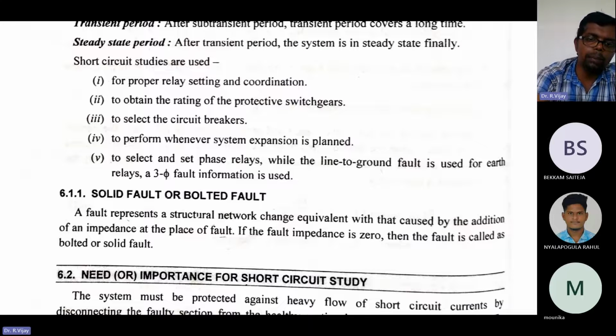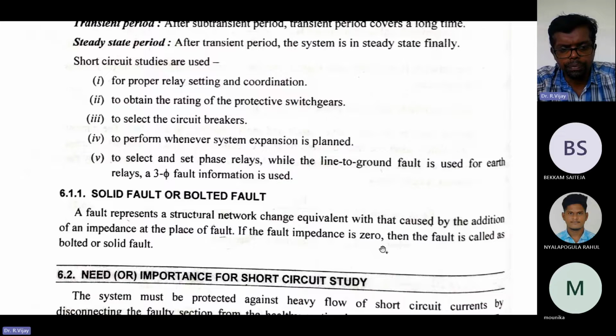If you analyze the fault impedance, the cycles and the magnitude of the voltage might change for a short period, but the fault impedance is zero. So that is called a bolted fault. We know this fault is happening, but there are no other changes. This fault is called the bolted or solid fault.